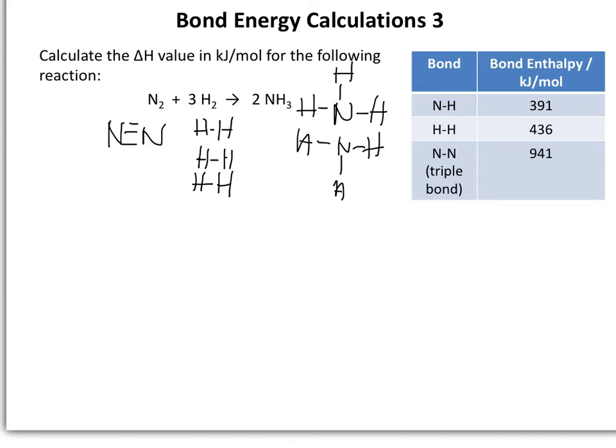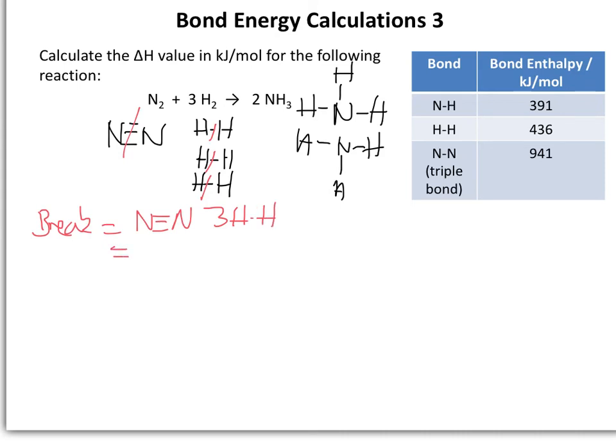So, start off with the breakup. I don't know why break suddenly developed an E at the end of it. And we're going to break the nitrogen triple bond and 3 hydrogen bonds, 3 HH.